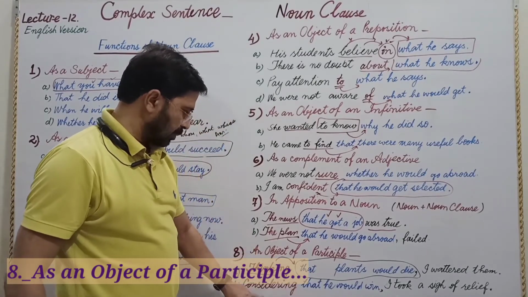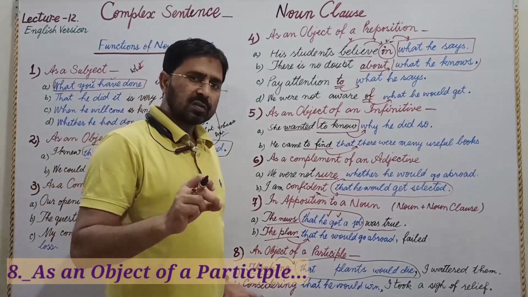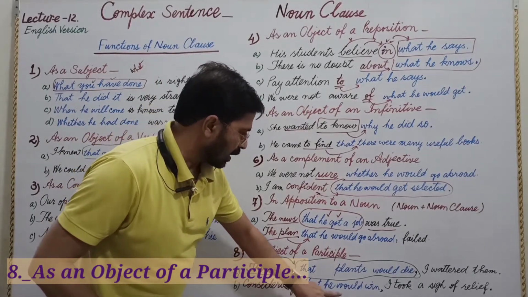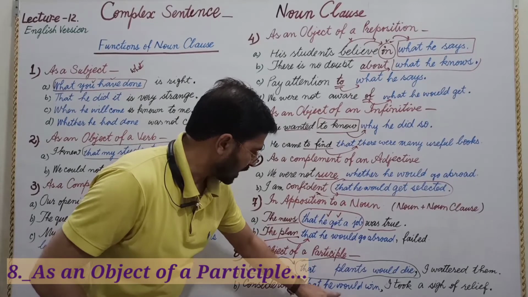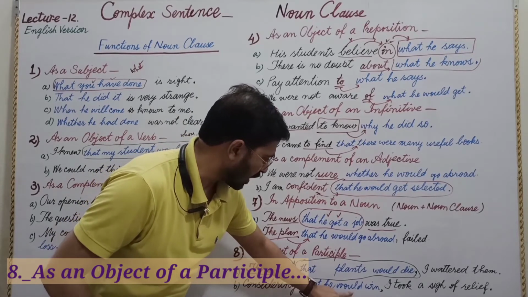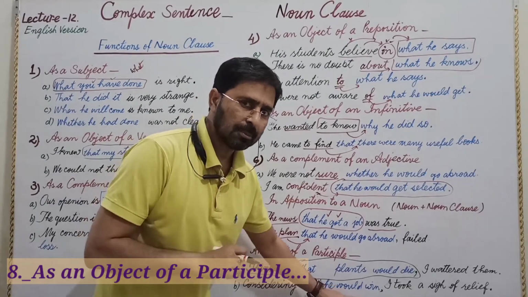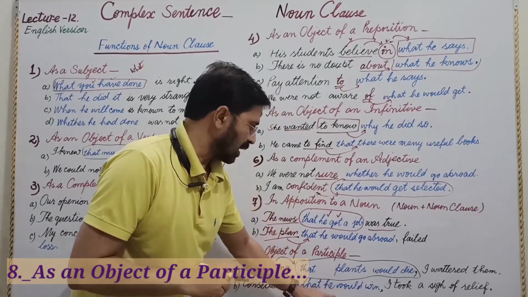Participle means first form plus ing that acts as an adjective, and this object has its own subject and predicate. Because of keeping subject and predicate, it is known as clause. That's why it is noun clause.